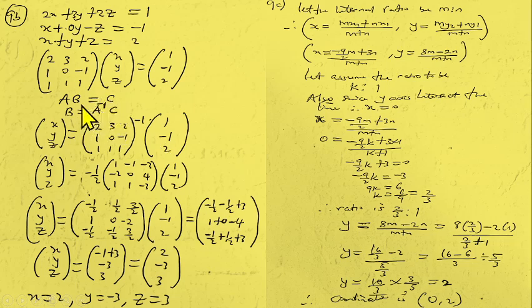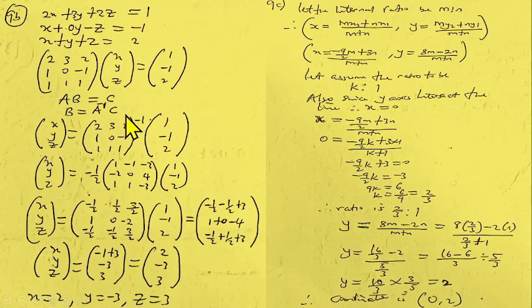Let me take you back to primary school. When you have AB equals C, I want to make B the subject of the formula. What do we do? I think we will divide both sides by A. Am I correct? If that should be the case, you have B equals C over A. That's what you're supposed to have.